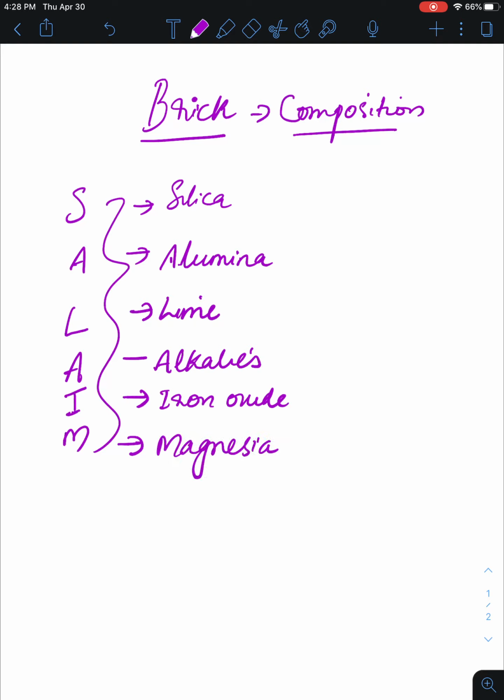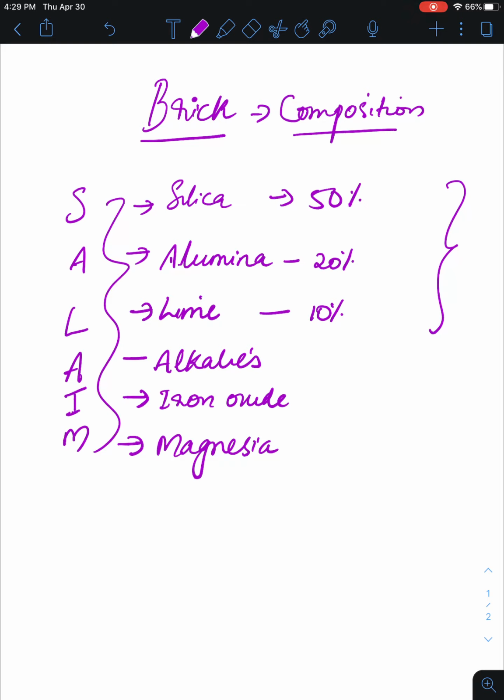These are the constituents, in decreasing order. Silica will be maximum, so we can put it as 50%. Then alumina 20%, lime 10%. These constituents will be about 80%.